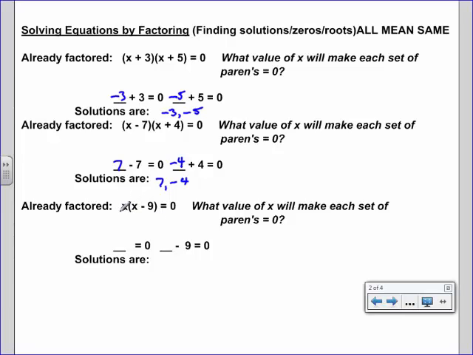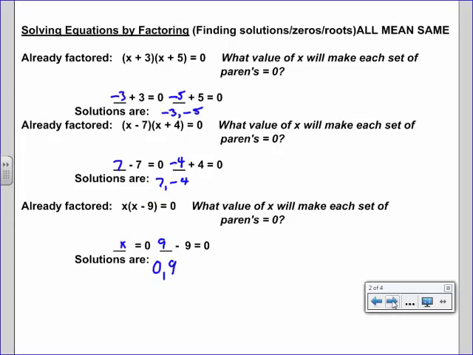Now you're actually multiplying x times (x - 9), so one solution would be simply 0 if x is equal to 0. And your other solution would be, what minus 9 equals 0? Well, 9. So your two solutions are 0 and 9.